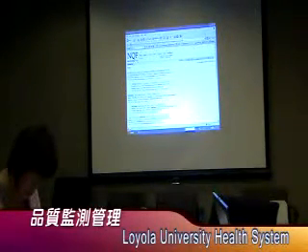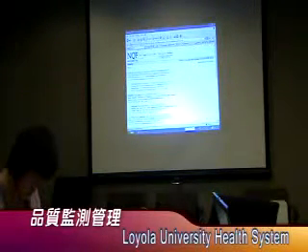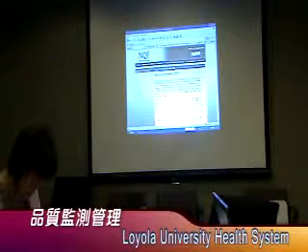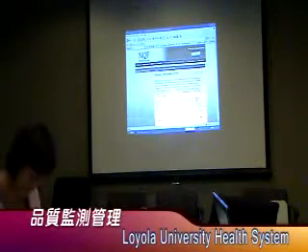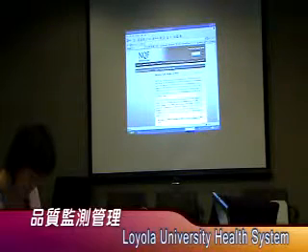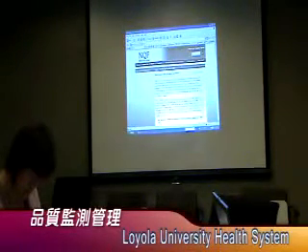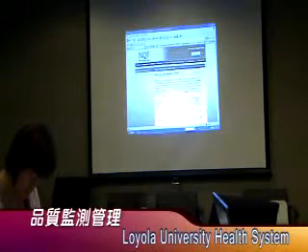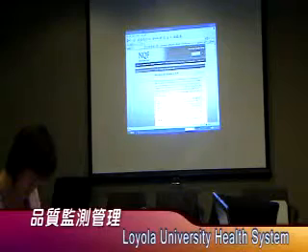And as you can see in the slides, there are nursing-centered interventions such as smoking cessation, measures of percentage of patients with history of smoking.